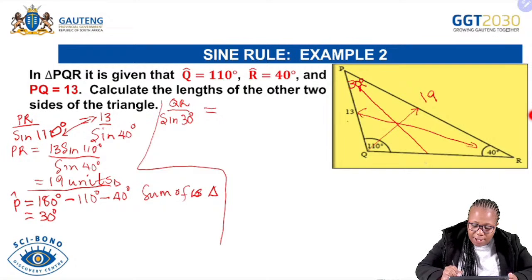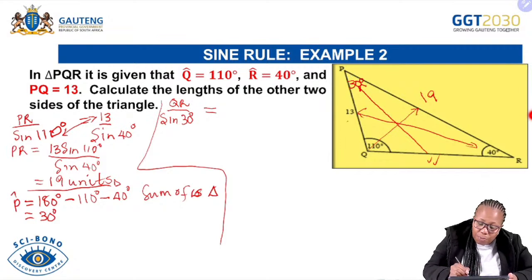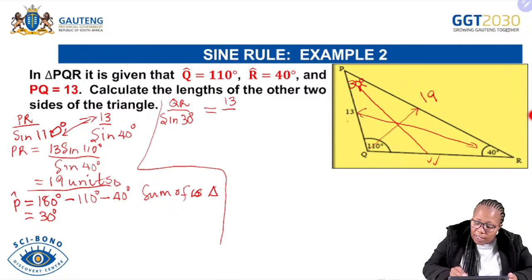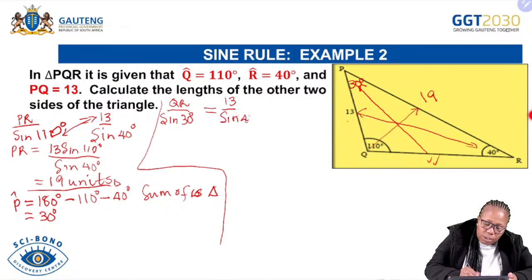We have a QR side, which is over the sine 30, and then we are going to rely on PQ now, because it was given to us as being 13, and then the opposite angle is 40, then it will be sine 40 degrees. Cross multiplication, I know that you are now familiar with this, and that will be 13 sine 30 degrees over the sine of 40 degrees.